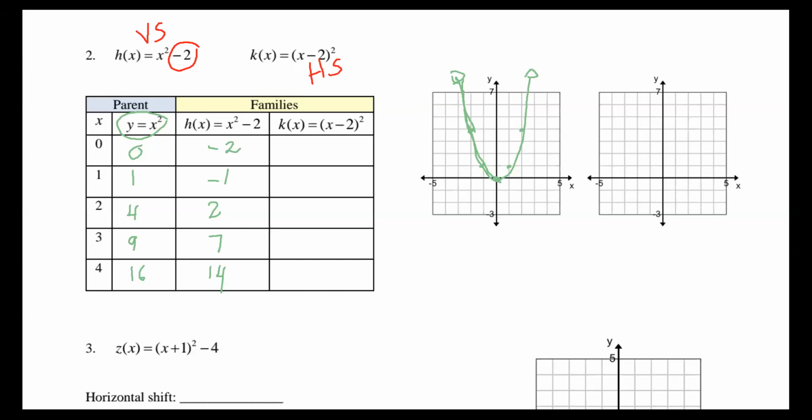So it's going to be 0, negative 2 is this one. 1, negative 1 is going to be this side. And negative 1 is also going to be here. And 2, 2. And negative 2 is also 2. So we pull the graph 2 units down. So it is the vertical shift.